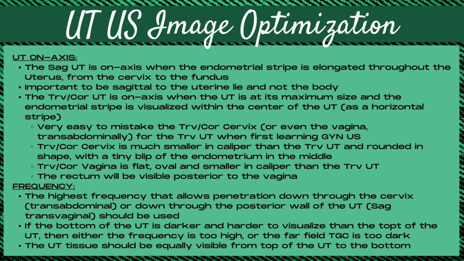The uterus tissue should be equally visible from top of the uterus to the bottom. When scanning transabdominally, if the top of the uterus is darker with shadows overlying it, slide down inferiorly on the patient to utilize the bladder as a window, and also increase the TGC to the fundal portion of the uterus.